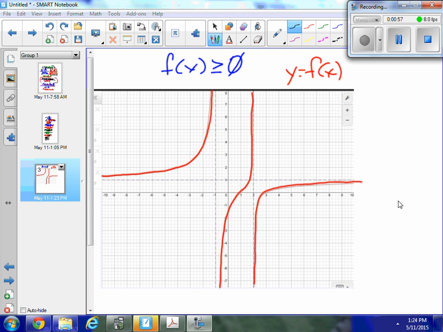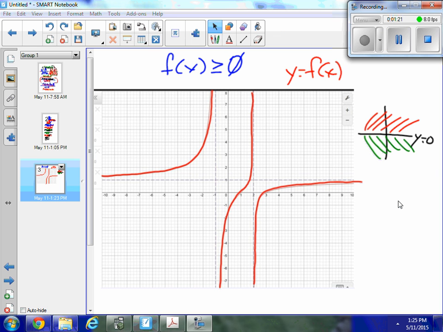If I say something is greater than or equal to 0, that means if here's a graph, and here is y equals 0, if f of x is greater than 0, it's going to be up here, greater than 0. And f of x is less than 0, it's going to be down here, below the x-axis.